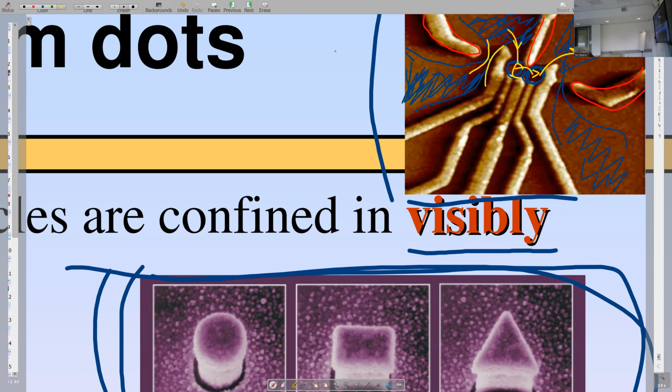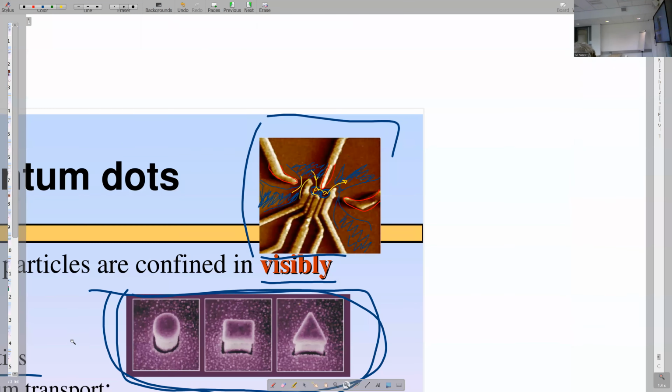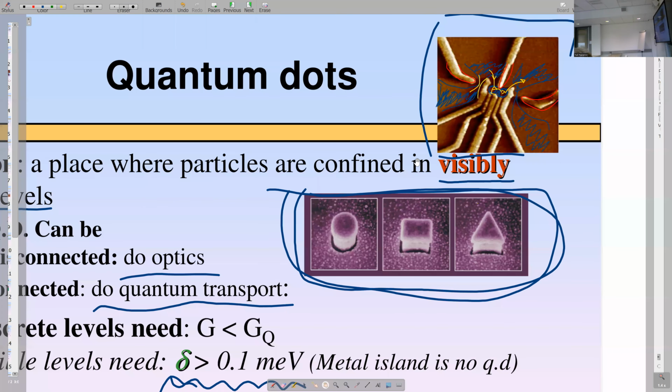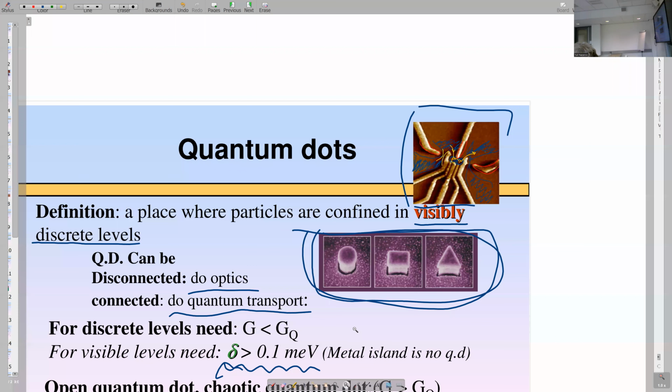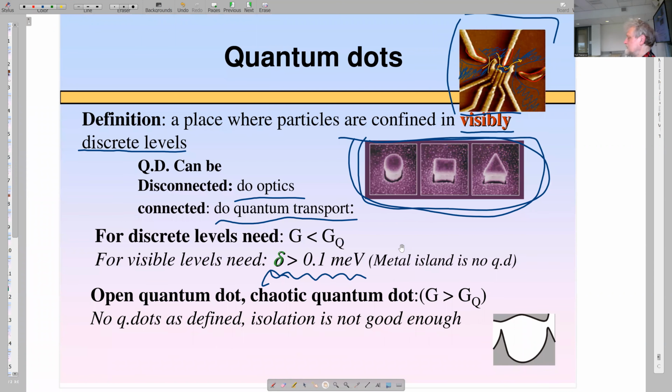Now I want to zoom out. Good, I'm almost done.